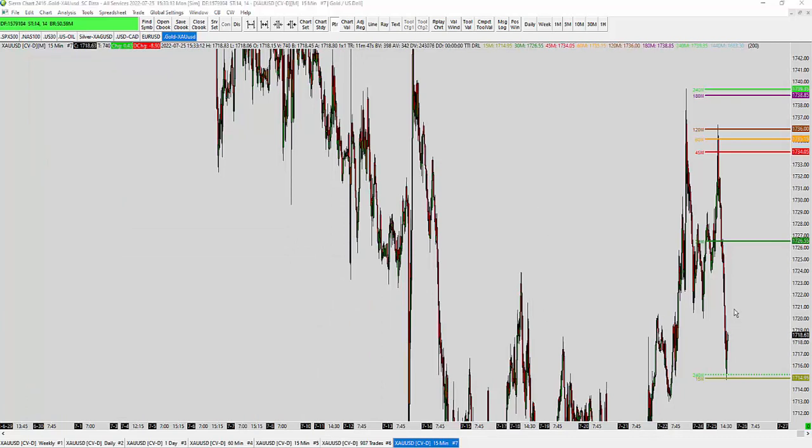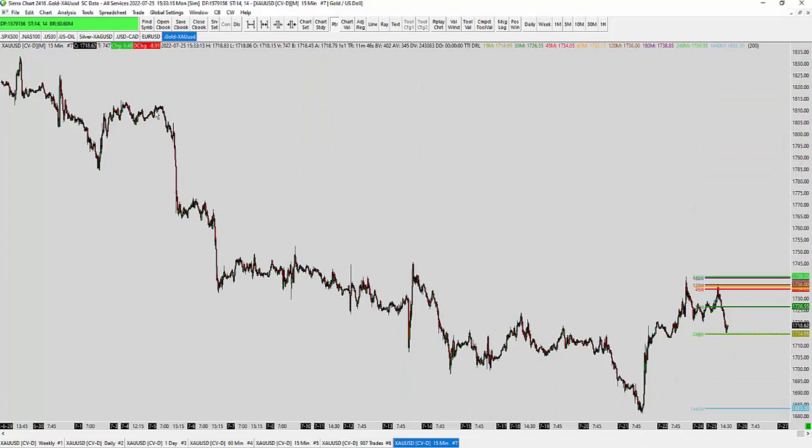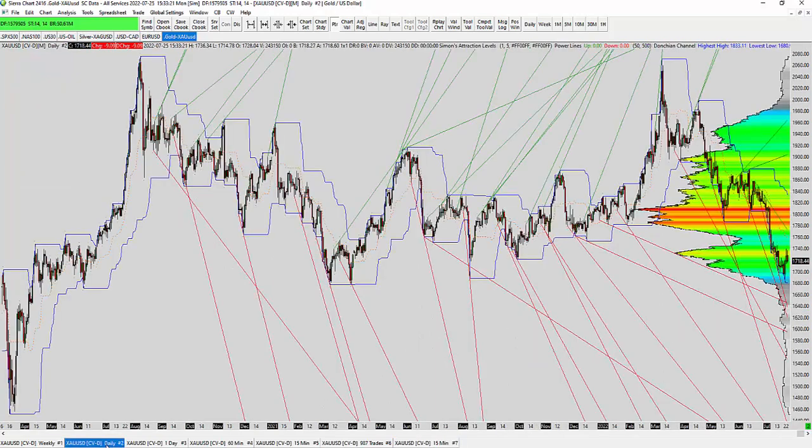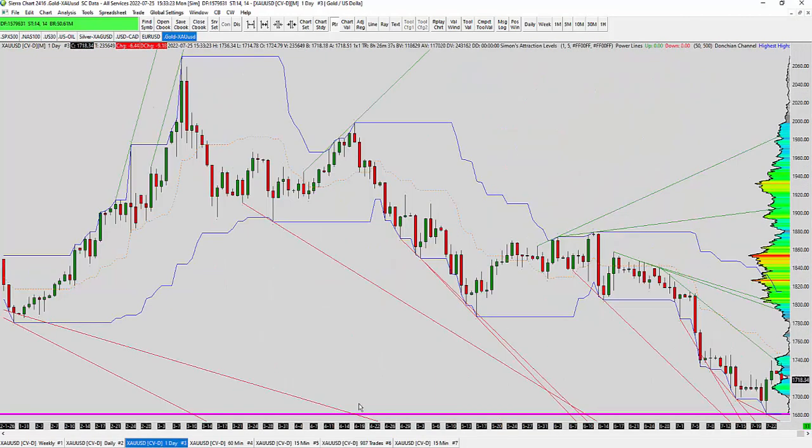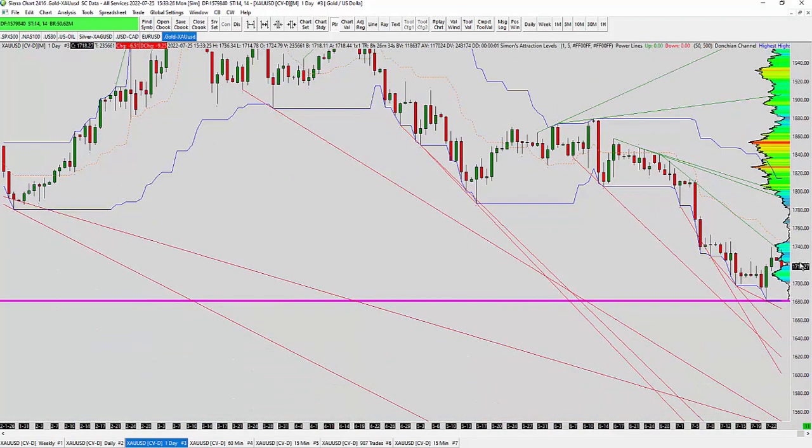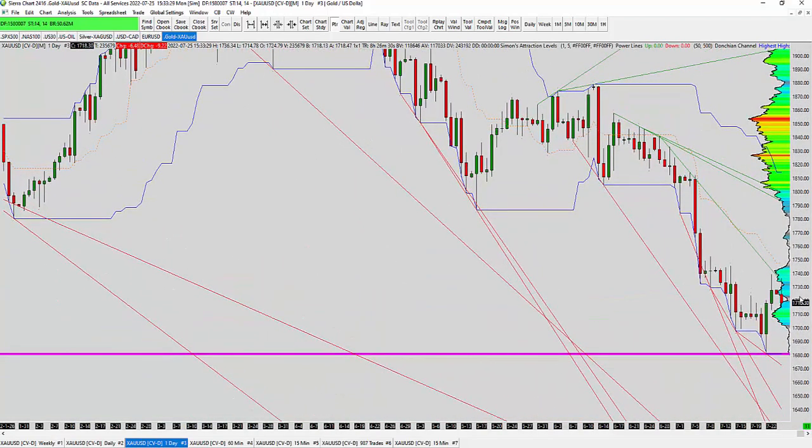This is the gold spot or CFD, as you see, XAU USD. And let's look at the gold daily, or gold 1-day profile. You notice, according to this, the gold came down to a reversal level on the volume profile here, right at the bottom, right here.